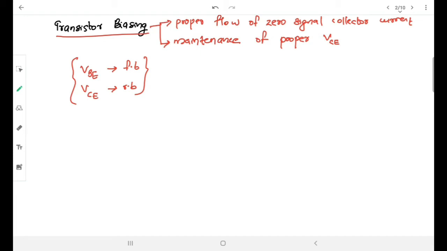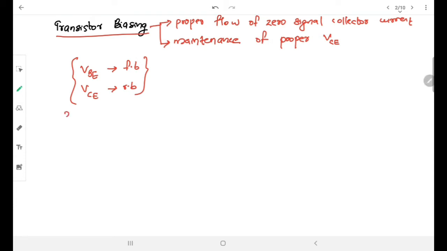By transistor biasing we can ensure that the input circuit is always forward biased and the output circuit is always reverse biased. This we already did in the previous session. That means faithful amplification is achieved by biasing, by inserting a battery in the input circuit. It is one way of biasing the transistor.